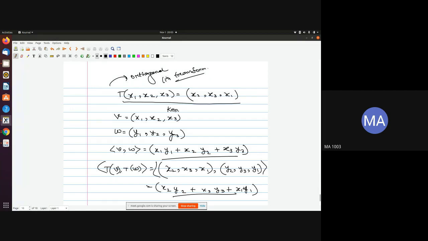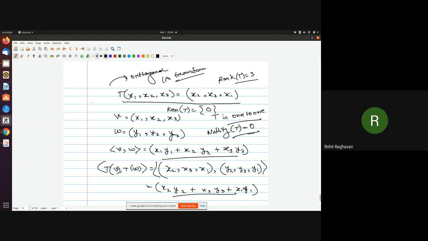So the kernel is nothing but the zero vector. Kernel is the zero vector means what? It is one-to-one. Correct. And kernel is 0 means nullity is 0. Nullity of T. Then what about the rank? 3. And rank 3 means it is onto.